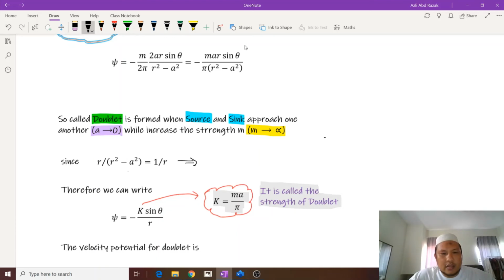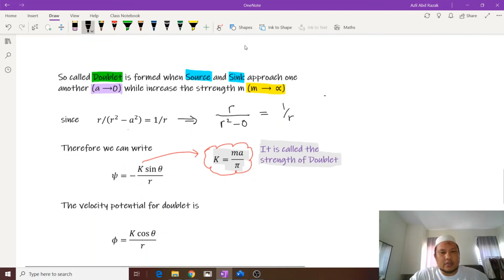We can write this as r divided by r squared minus 0, or 1 over r, as I show here, because a is approaching 0.